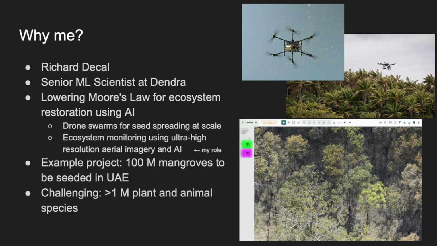My job is more on that side of the house, the ecosystem monitoring. So we take that aerial imagery and we're trying to classify what are all the invasive and native plants and animals that are in that imagery, as well as infrastructure, whatever are the things that are out there on the sites, and then distill that into insights and what have you.